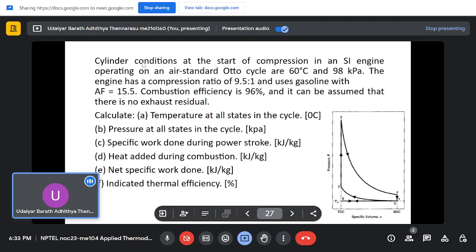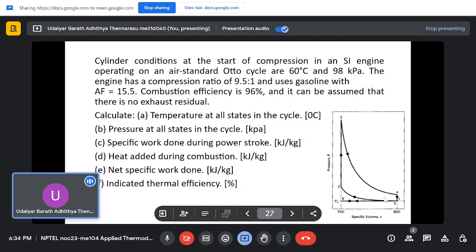The cylinder at the initial start of compression, state 1 we are assuming here, is given as temperature 60 degrees Celsius and pressure 98 kilopascal. First we'll name the Otto cycle. So we know state 1, where the cycle starts. We are assuming that air is inside, at 60 degrees and 98 kilopascal. So we know state 1.